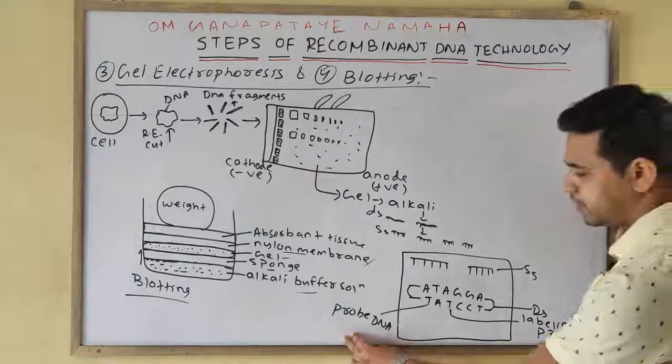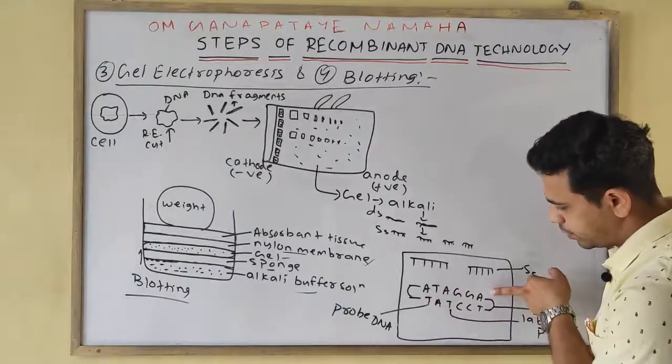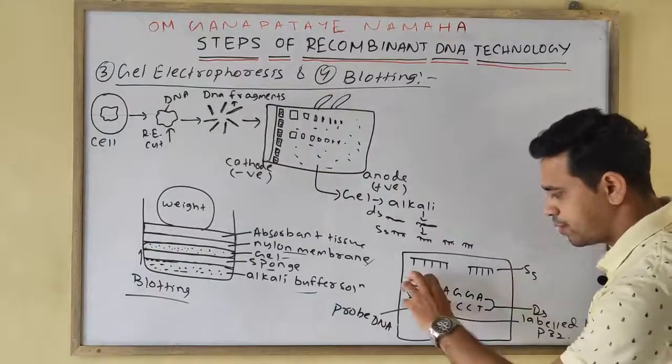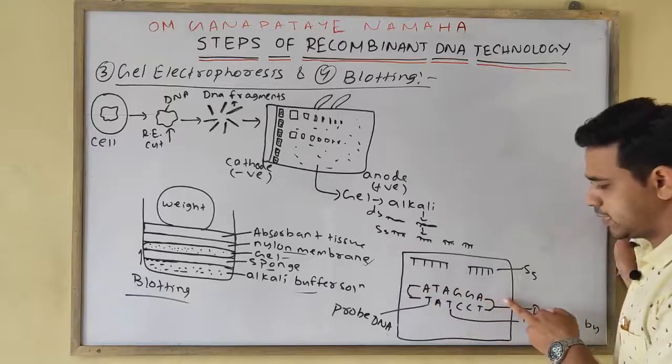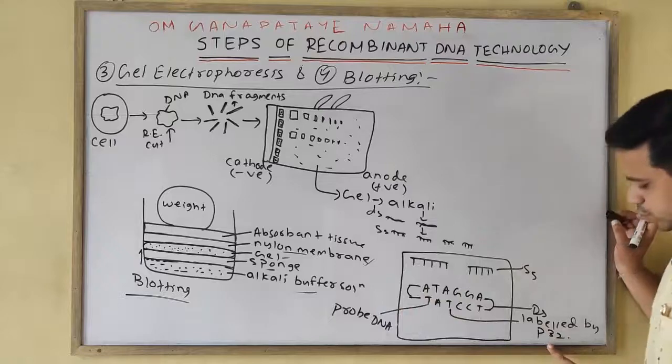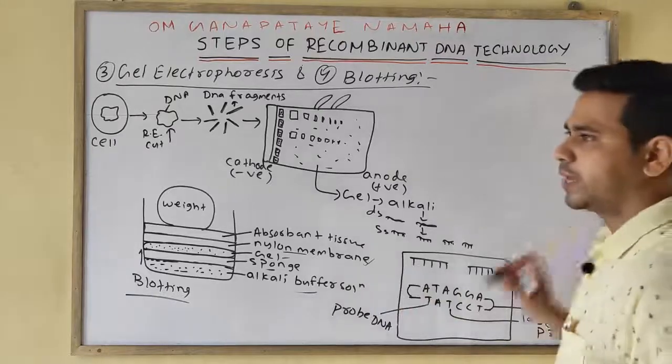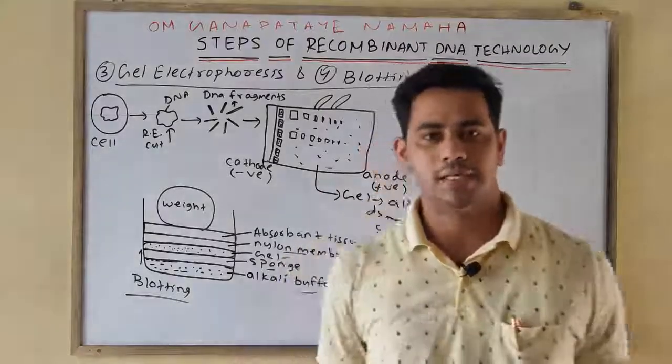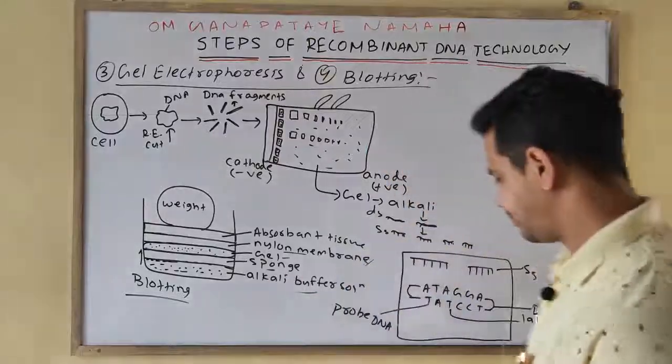Probe DNA are prepared in the laboratory, according to the particular sequence, by which we can make the single stranded DNA into double stranded DNA, and these are labeled using phosphorus or P32, by which we can identify the desired DNA or the gene.